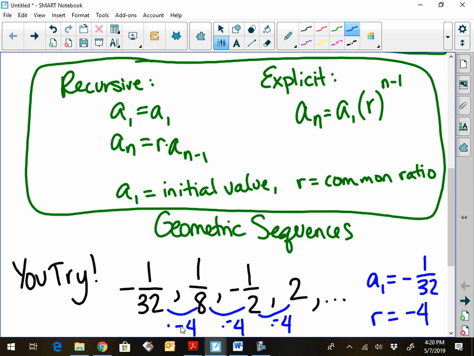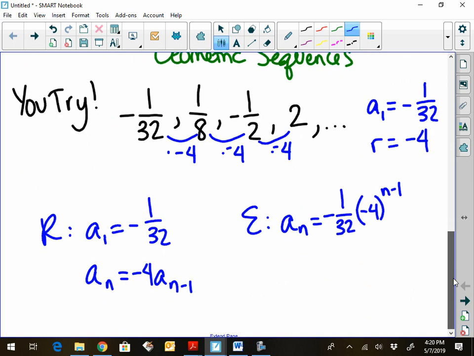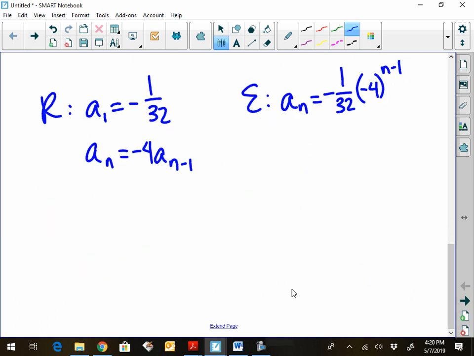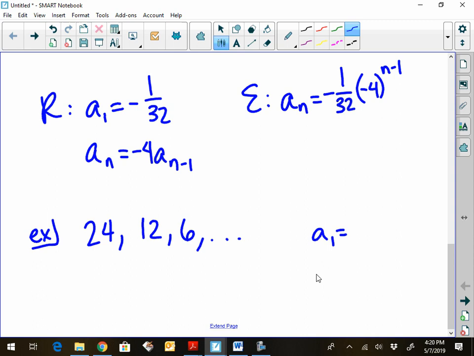Remember that you're trying to figure out what multiplies. It could be a whole number, it could be a fraction, but that's something that you're looking at. So there's just one more example, just looking for what is our a sub 1 and what is our ratio. If we have the sequence 24, 12, 6, and it keeps going, then our a sub 1 is what?